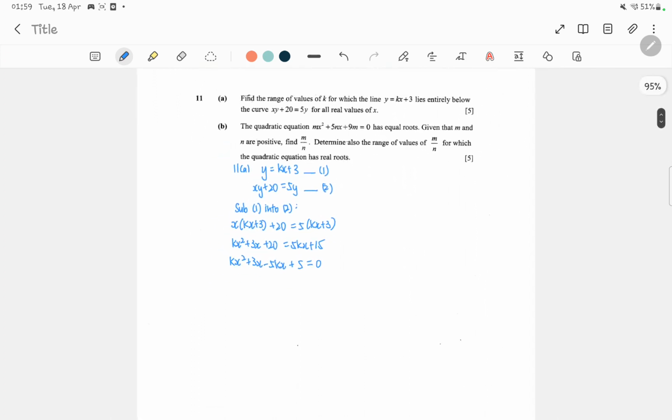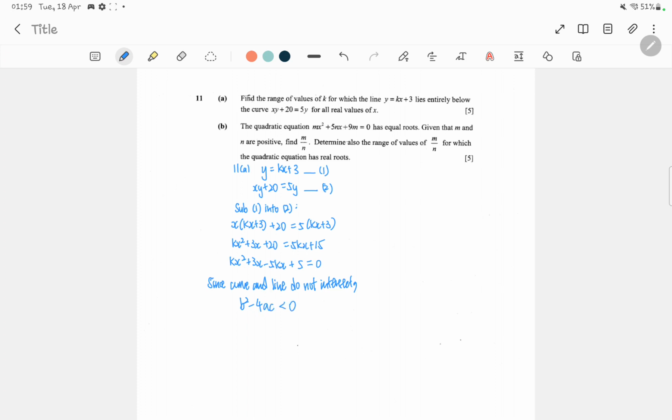So we know that the curve does not intersect with the line, right? Since the curve and line do not intersect, b squared minus 4ac is less than 0. So what is my b?